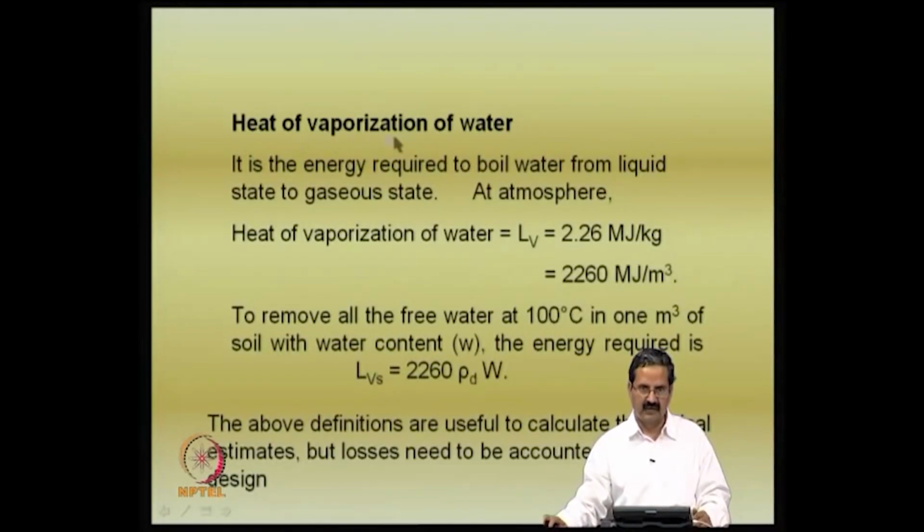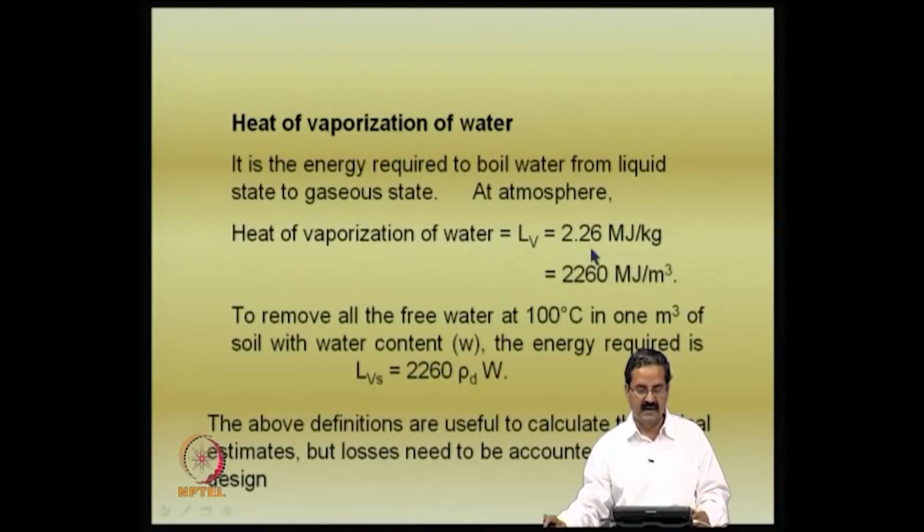There is another term, called heat of vaporization of water. It is the energy required to boil water from liquid state to gaseous state, at atmospheric conditions. When water is getting heated, there is a vapor pressure.